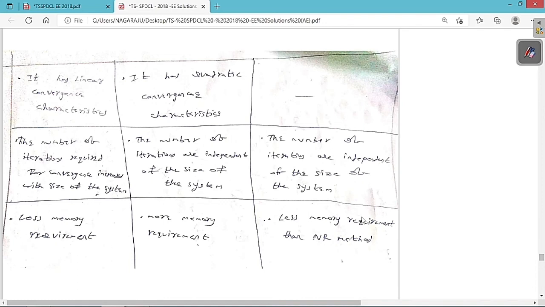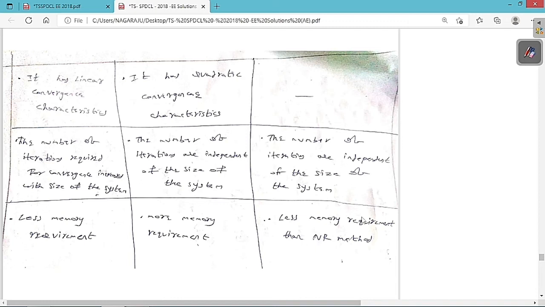Only the Newton-Raphson method requires fewer iterations when compared to the remaining two methods. The computation time per iteration is very high for the Newton-Raphson method and very low for the fast decoupled method.